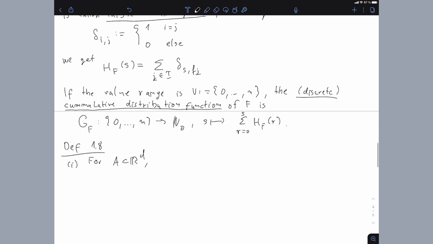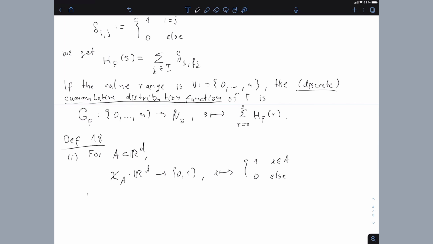For any subset A of R^d, I define chi_A as a mapping from R^d to {0, 1}, where x is mapped to 1 if x is in A, and 0 else.